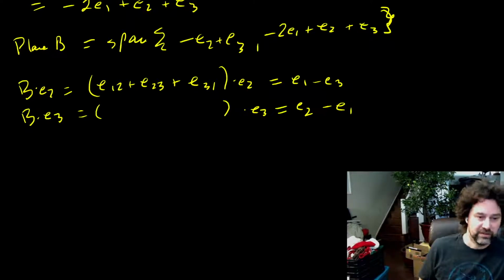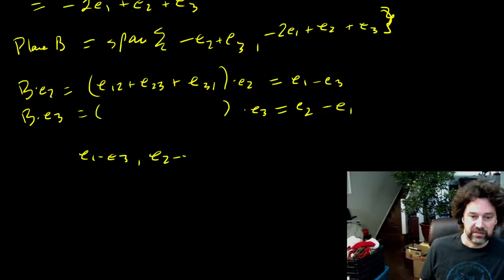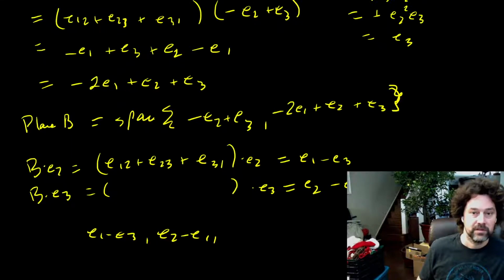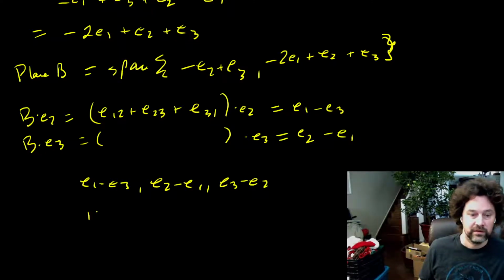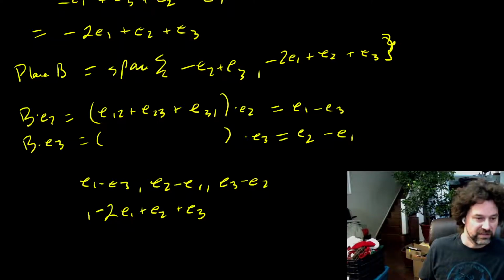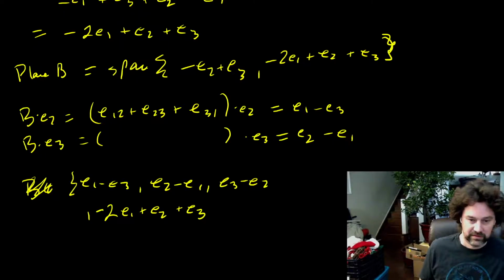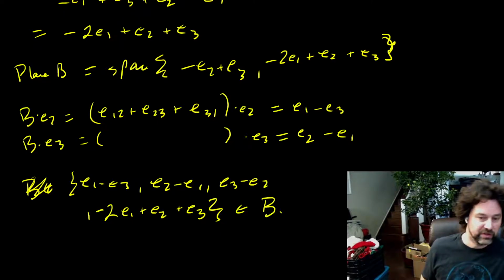So we have e1 minus e3, e2 minus e1, e3 minus e2, and minus 2 e1 plus e2 plus e3. These are all vectors that are, let's write that, these are all within B.